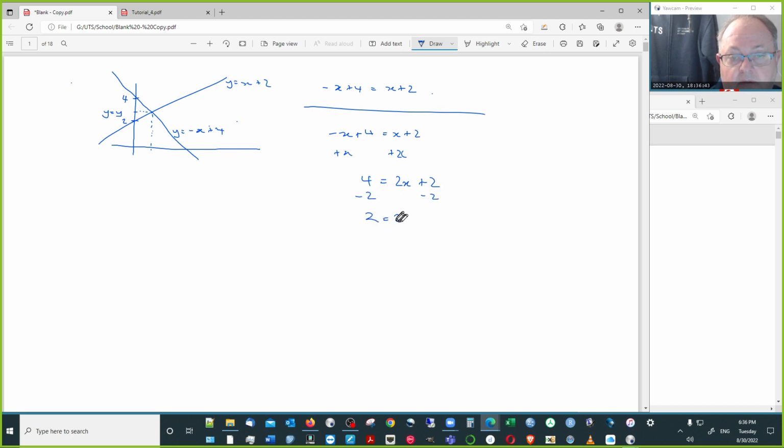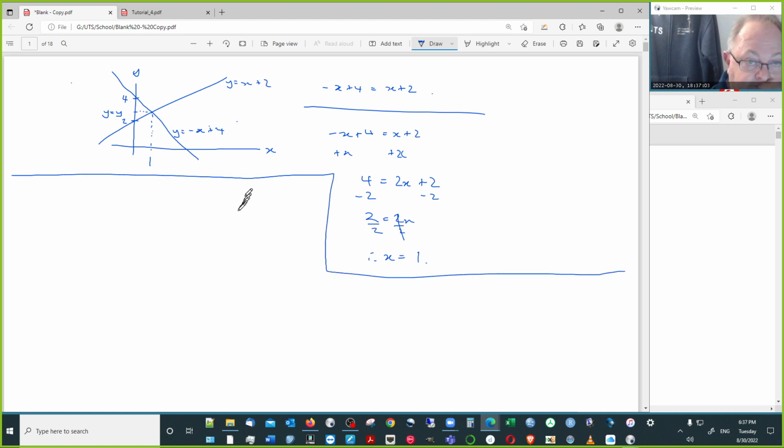So I get 2 equals 2x. Divide the 2 both sides, and I get x is equal to 1. So that point there is x equals 1. Alright, so that's kind of the secondary school way of dealing with the two equations with two unknowns.